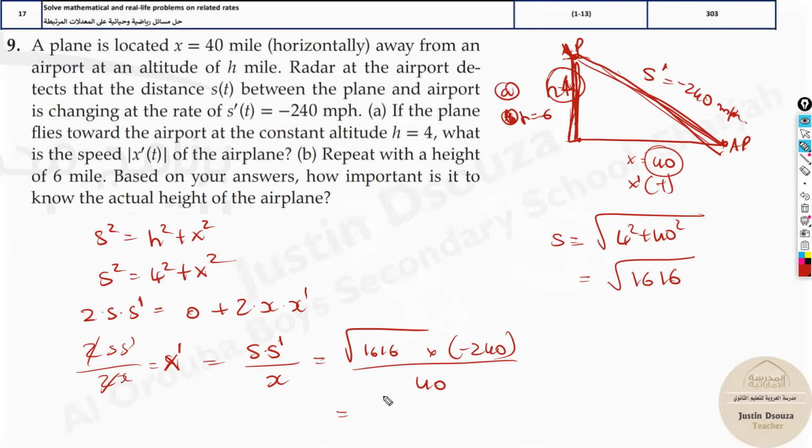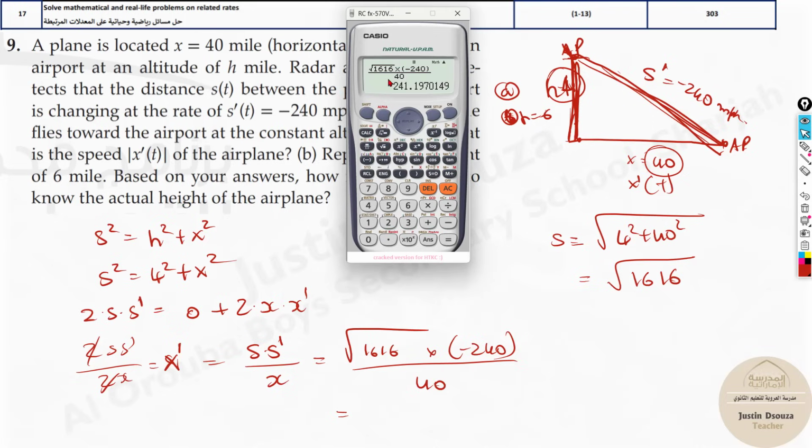Now put this in the calculator and you will get the answer. We will get negative 241.2. But we'll take this as positive because this is speed, the speed along the horizontal distance.